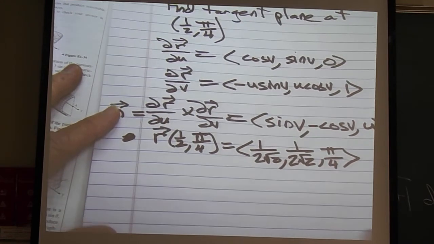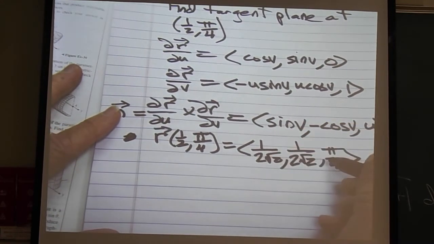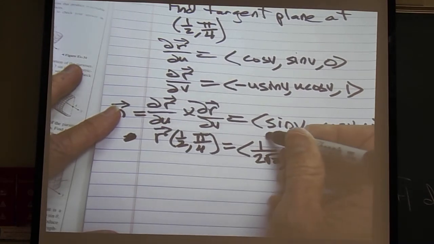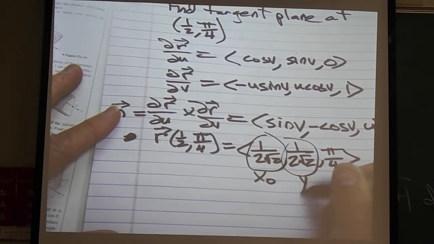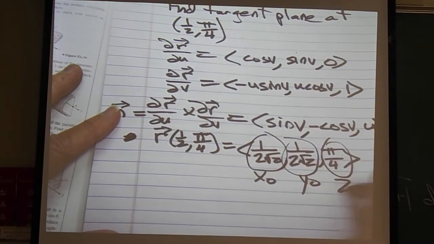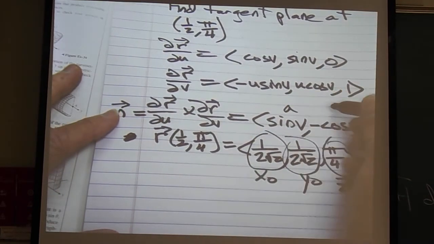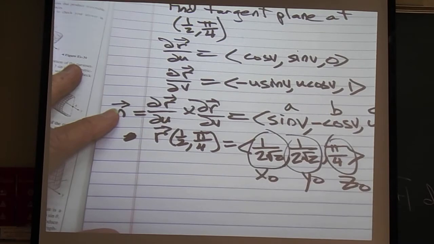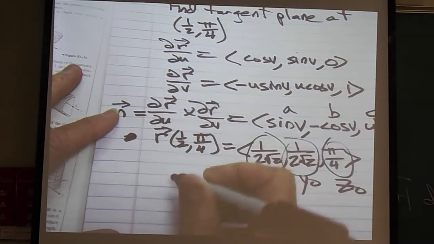For the tangent plane, the end of this vector is a point on the surface, x0, y0, z0. And then I have a normal vector, a, b, and c, and I better put them in at the point.